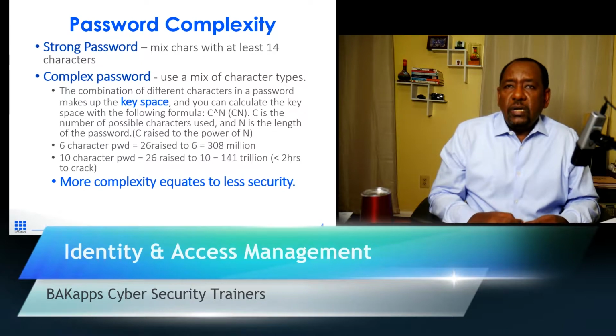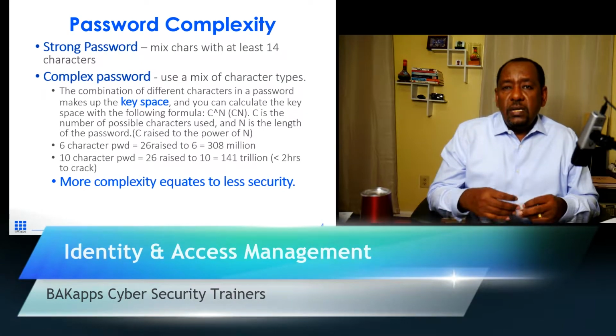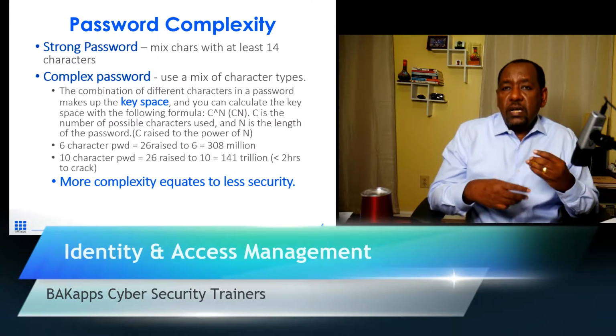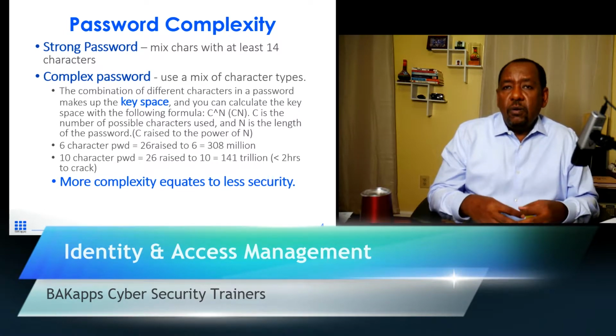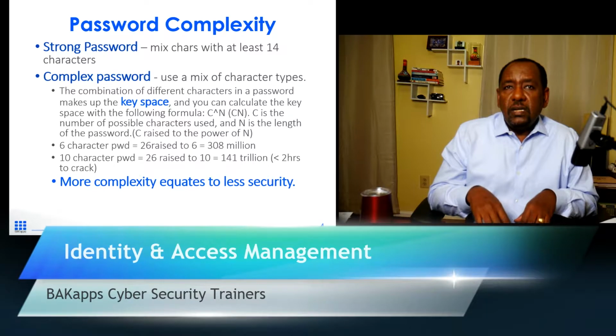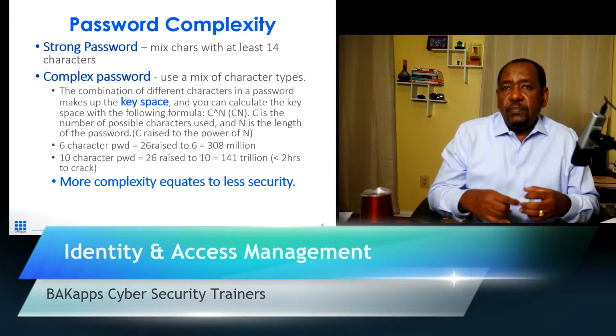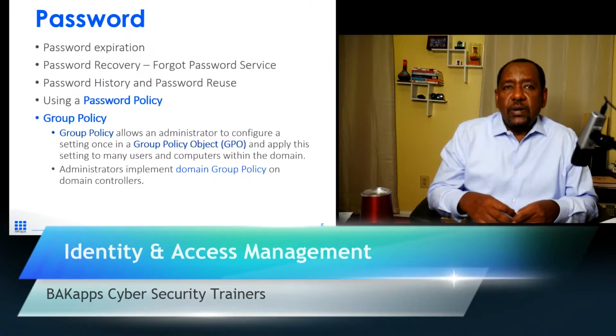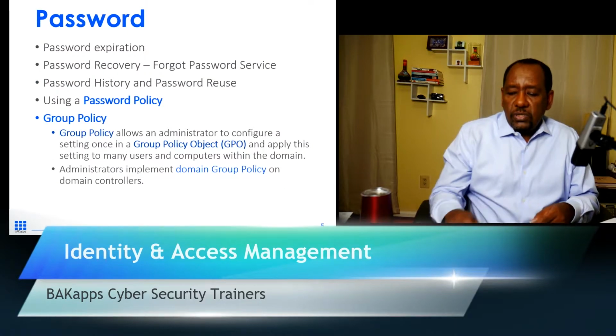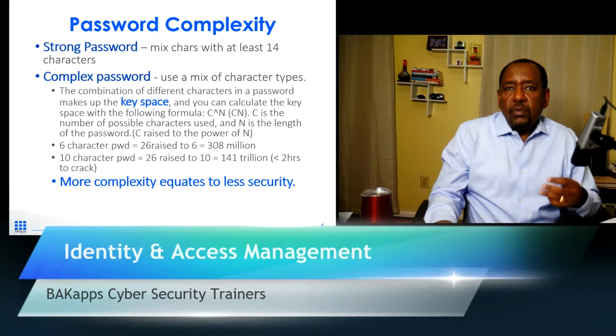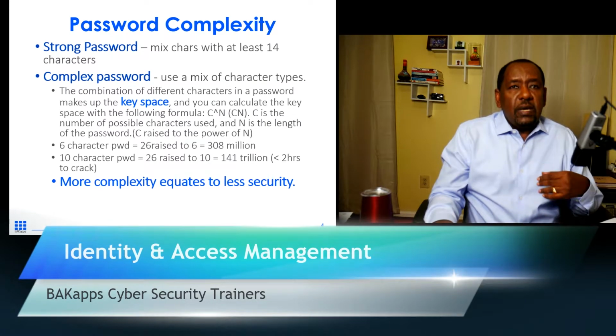So a hacker or an attacker, to break into your password, must try 308 million different combinations of letters. You think it is a very big number, but it is not. With the most recent technologies, hackers can crack it in less than 10 minutes.